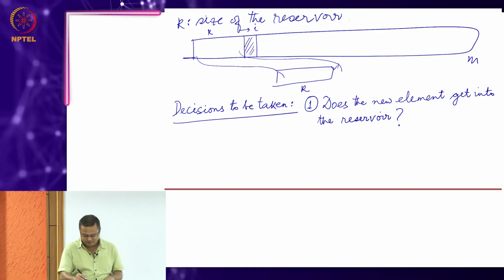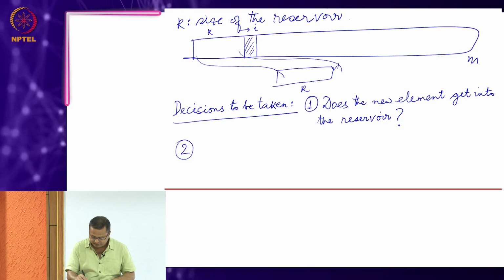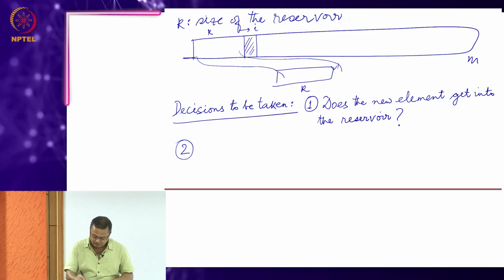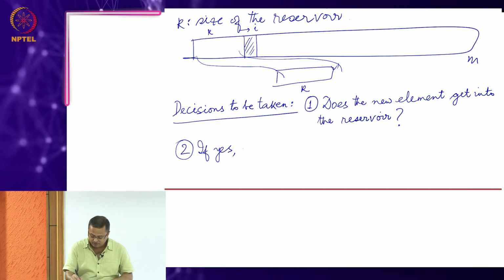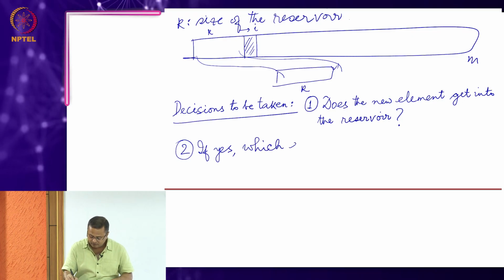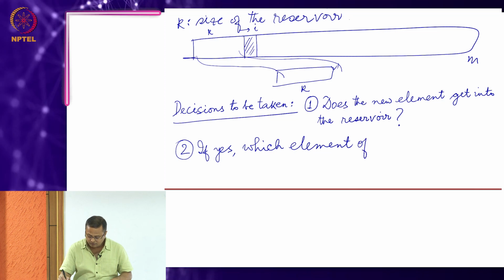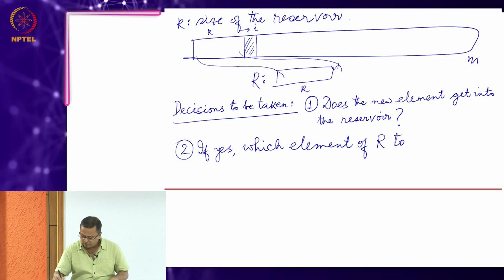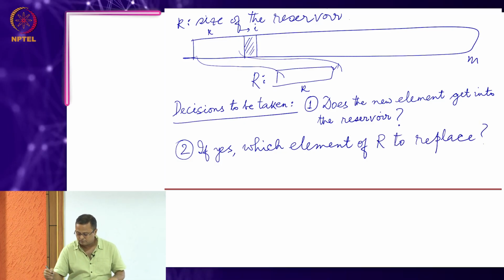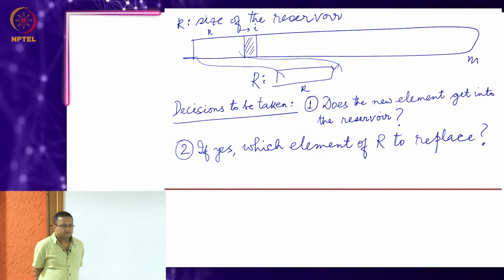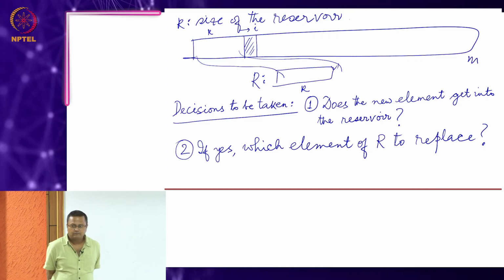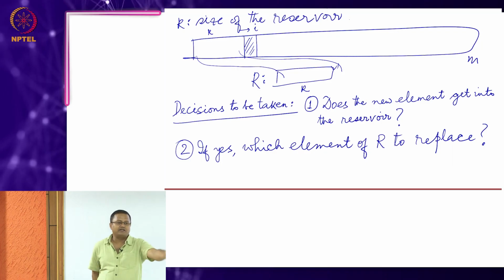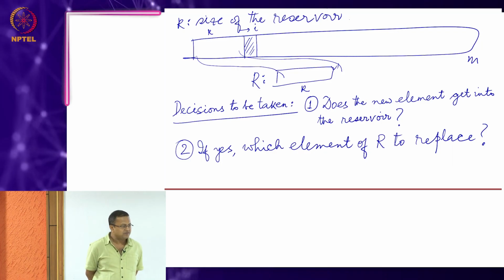Right, very good. The second decision, if yes, so let me name this reservoir as R. Now, as you have seen for your, say, quicksort, if you always say that my first element is the pivot, then your life is in problem, right?